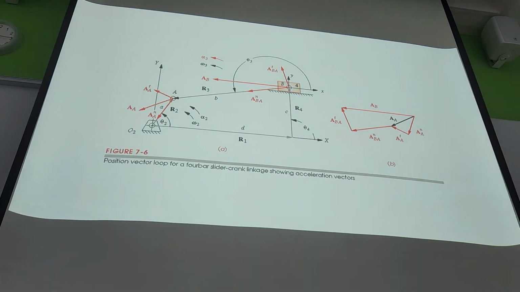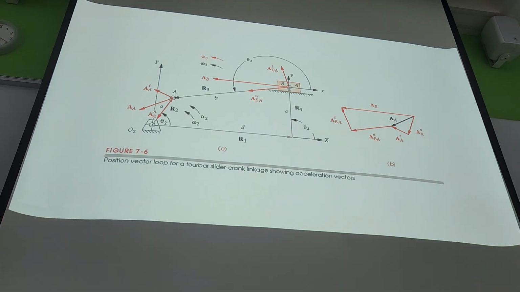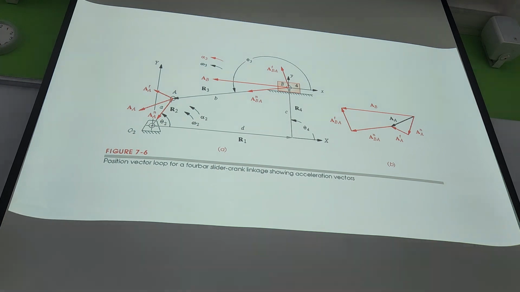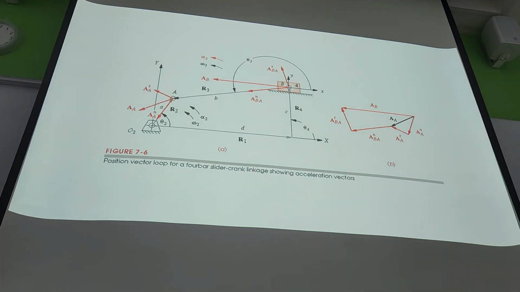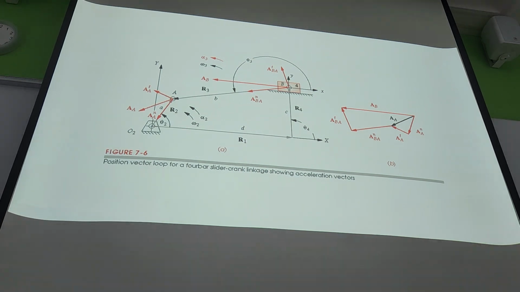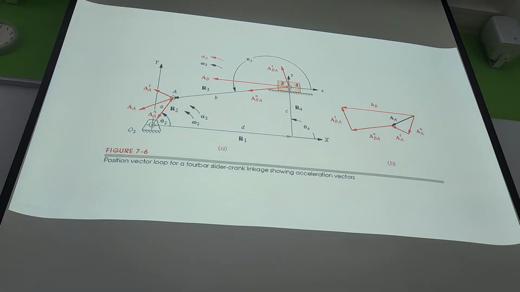So, always start from the point where you know the maximum information, and that is always point A. So you need to choose a coordinate axis, then you start with acceleration of A tangent, acceleration of A normal.